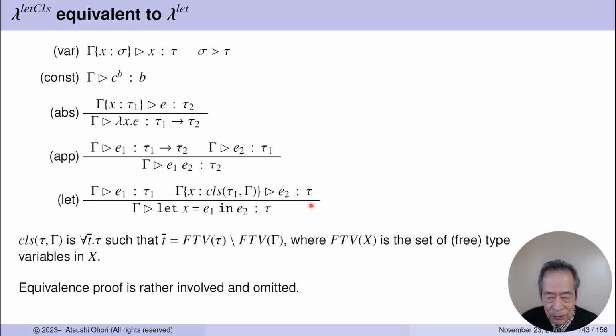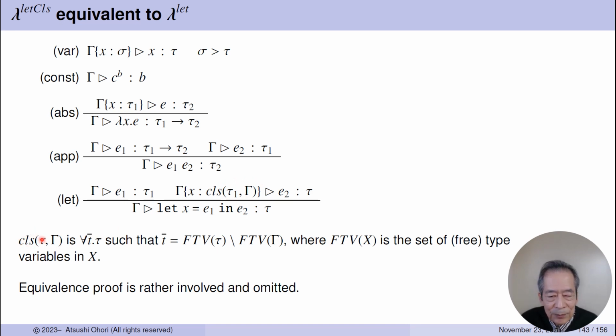For a let expression to have some type tau, E1 must have some type tau 1, and then E2 must have the same type tau under the type environment extended with x of this polytype.